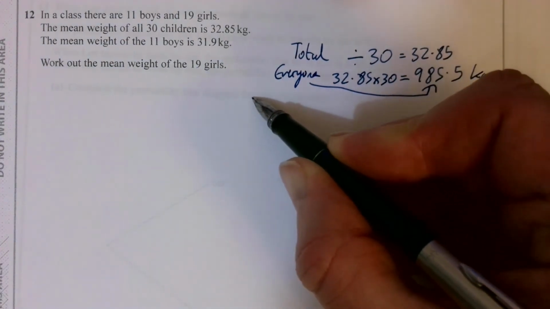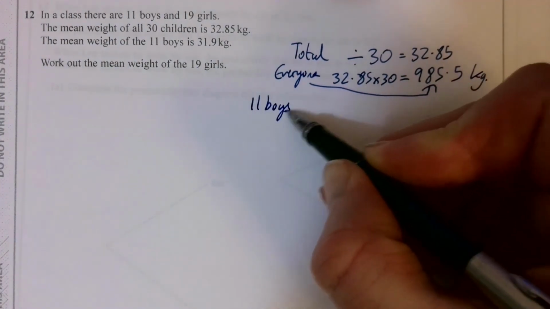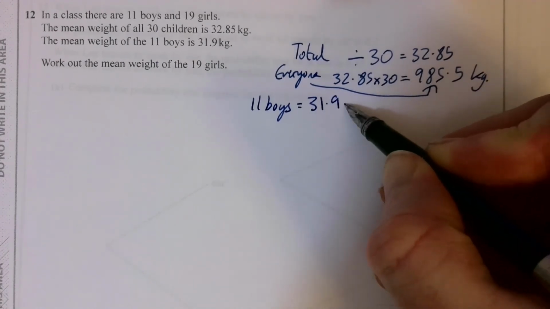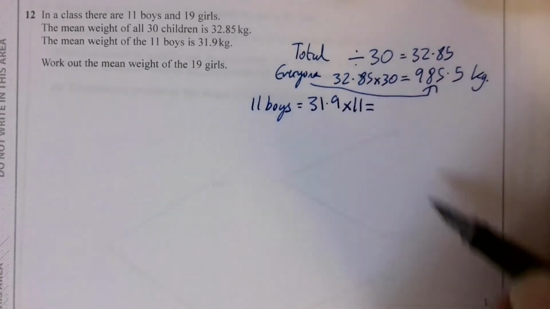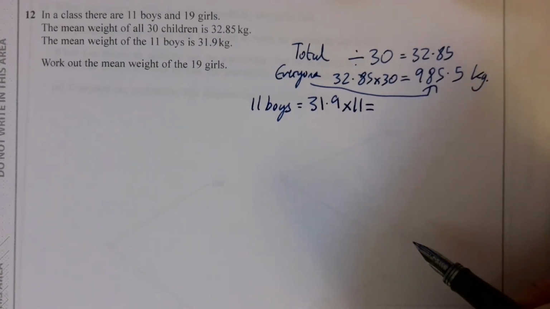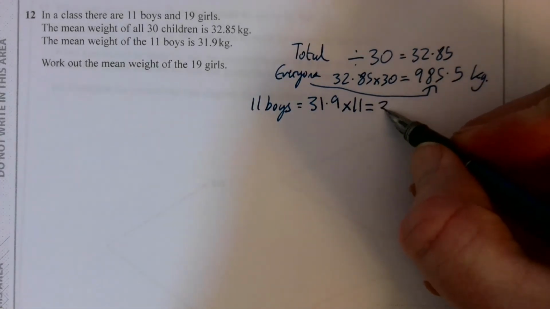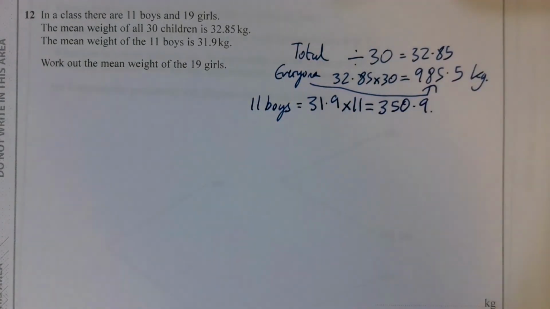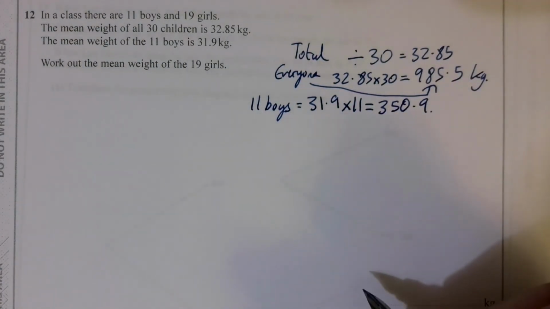So the boys are going to be 31.9 times 11, because that's what the mean means. If they all had the same weight, then they'd all be 31.9. You could just times it by 11 and you would know what they all weigh altogether, which is 350.9. So we need to know how much the 19 girls weigh.